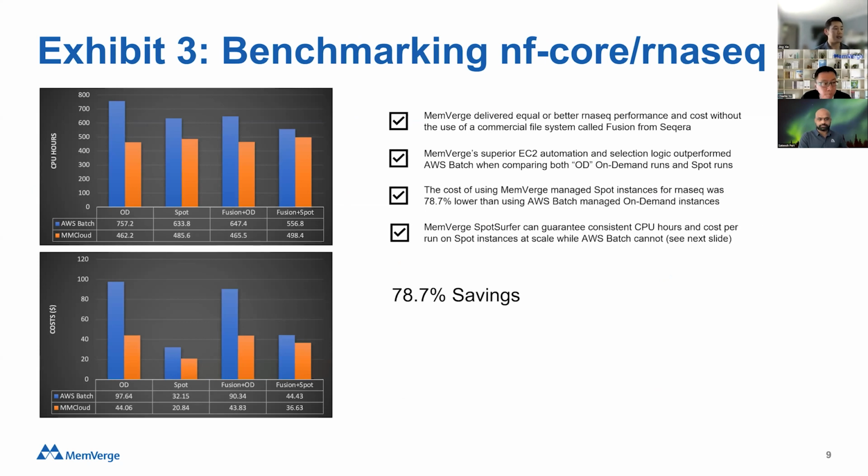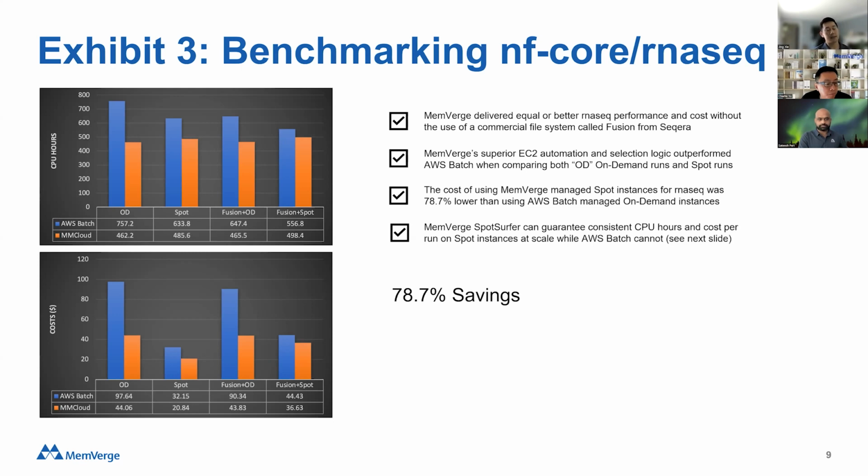And you can see that the Cloud way of running, compared to using the cloud native batch scheduler called AWS Batch, was able to run it both with less CPU hours and at dramatically lower costs across the board, regardless of whether you're running using spot instances or on-demand instances.